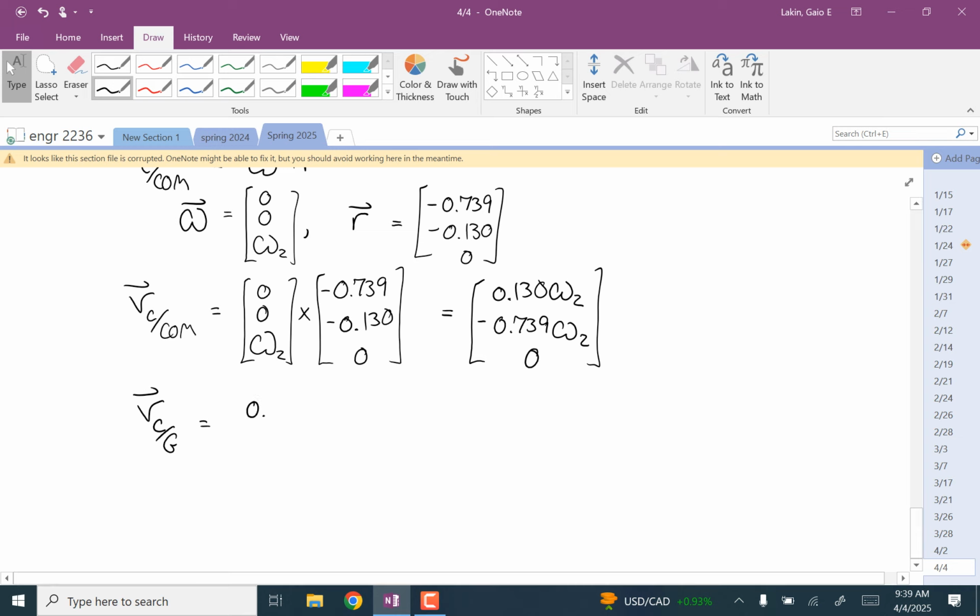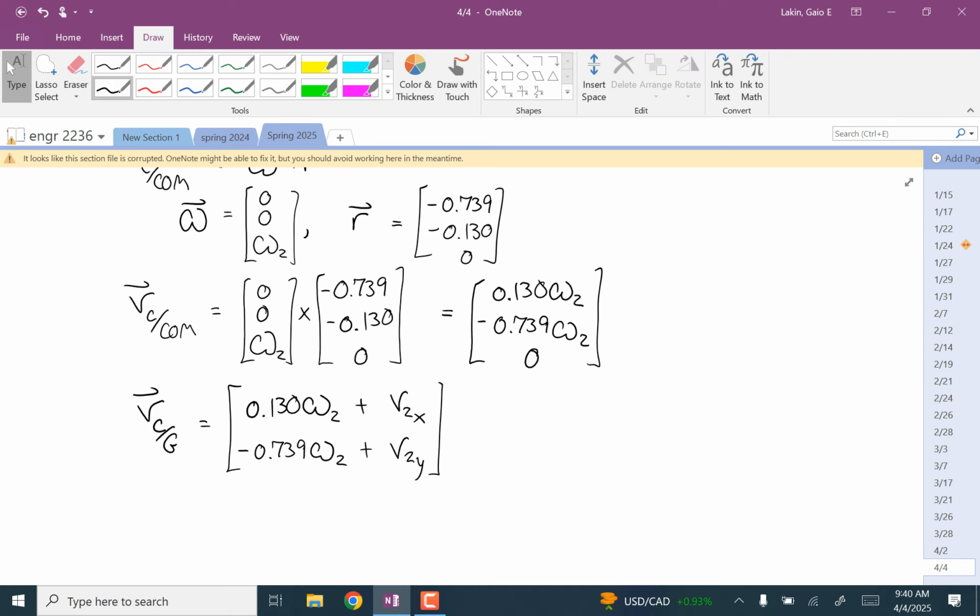So that's 0.130 omega 2 plus V2x, negative 0.739 omega 2 plus V2y. I'll leave out the z this time. Okay, so now that's an expression for the velocity of that point C.